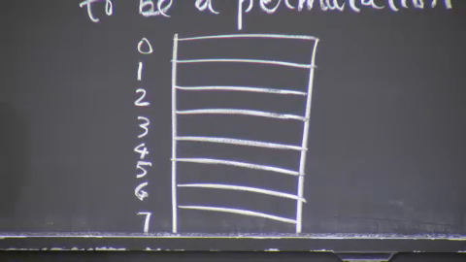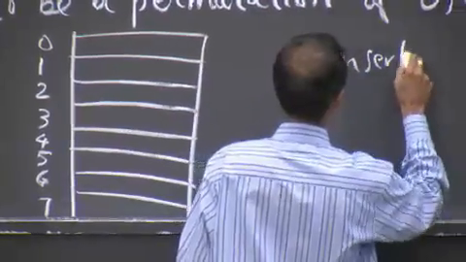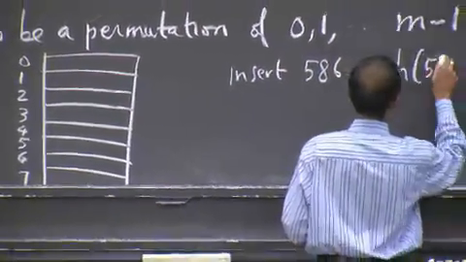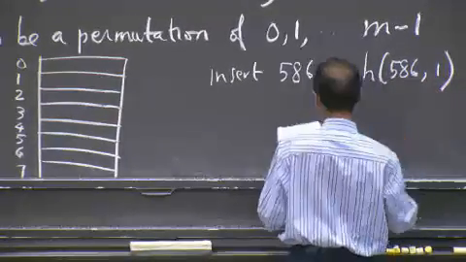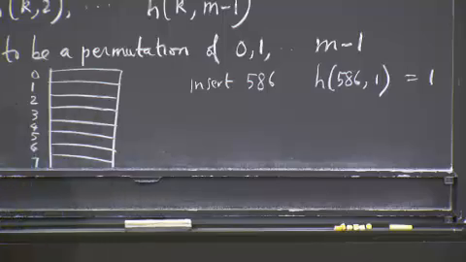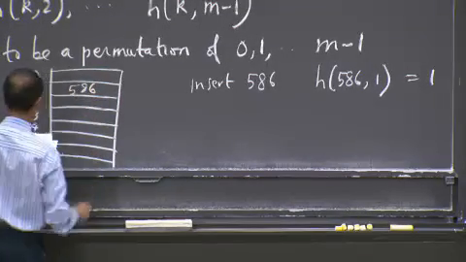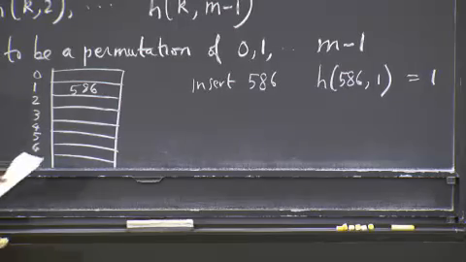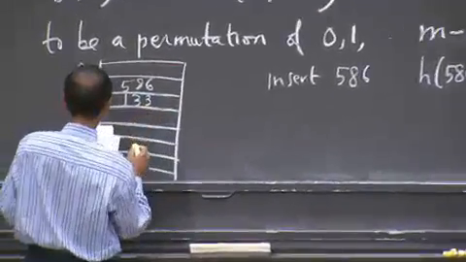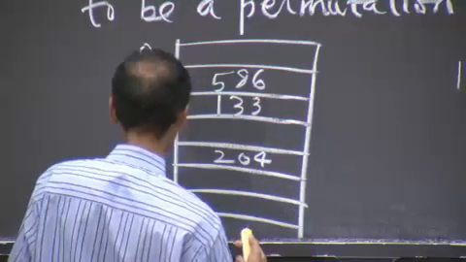So let's say that I want to insert 586 into the table, and I compute h of 586 comma 1, and that gives me 1. Okay, this is the first insert. So I'm going to go ahead and stick 586 in here. All right, and then I insert, for argument's sake, 133. I insert 204 out here, and these are all things because the hash table is empty.